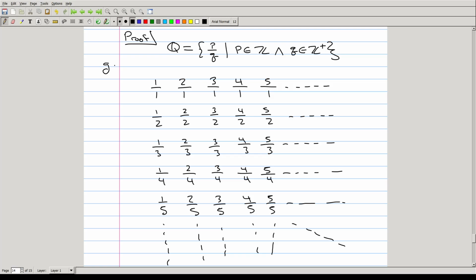So, take the function g from the natural numbers into the integers, or the rational numbers, Q. We'll say that g of 0 is this, g of 2 is this, g of 3 is this, and so on and so forth.